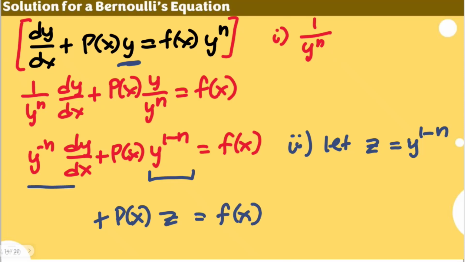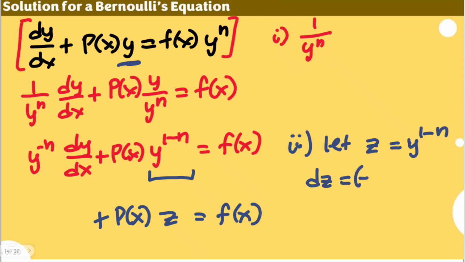But take note, this side has y and d of y. So if you're going to take the derivative of that, you will have your 1 minus n. Okay, take note of that. This is the process, a little bit complicated.